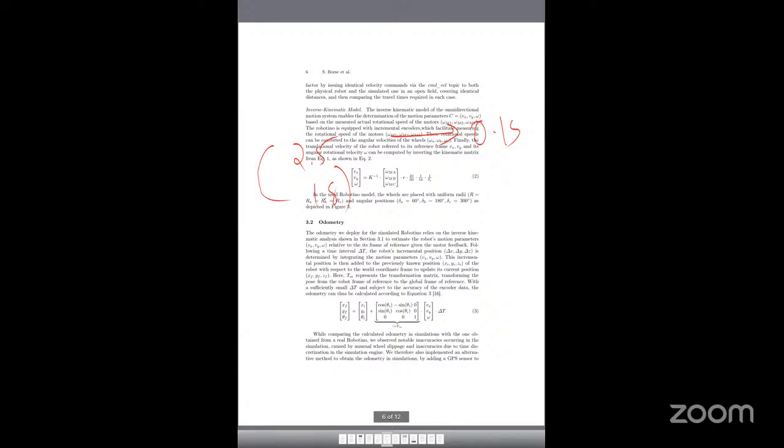So TM is what is called a transformation matrix. So as I have already mentioned, we have a world frame and we have a robot frame, right? So transforming this robot frame into the world frame is what is called a transformation matrix.